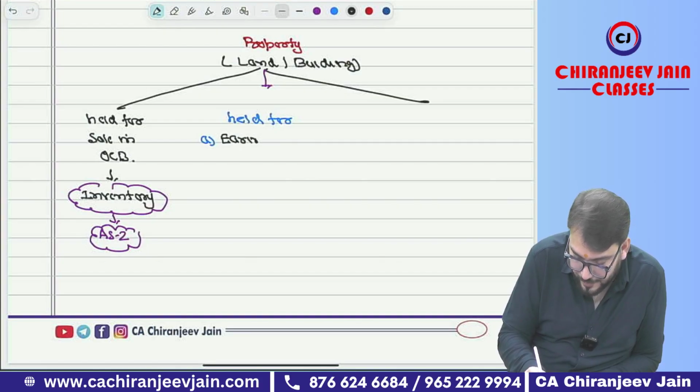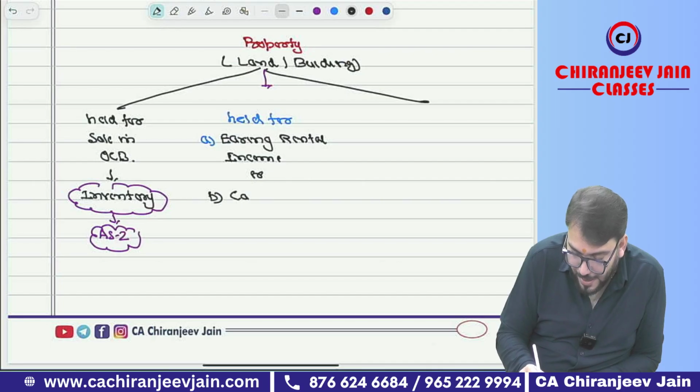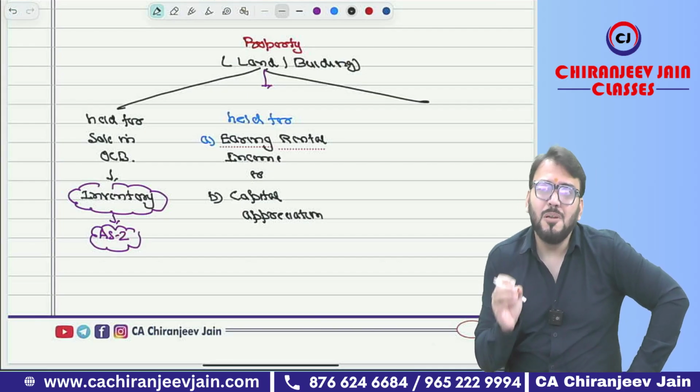Correct? It is held for earning rental income, or point number B, capital appreciation. So what is this? Normally what happens?